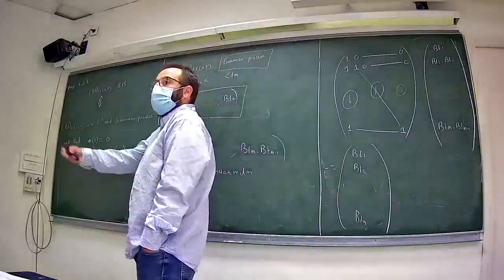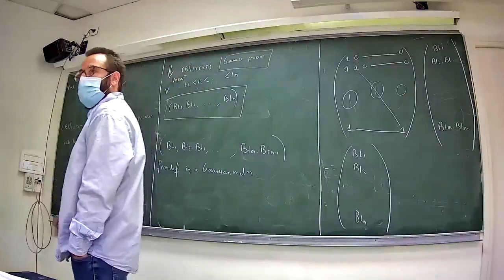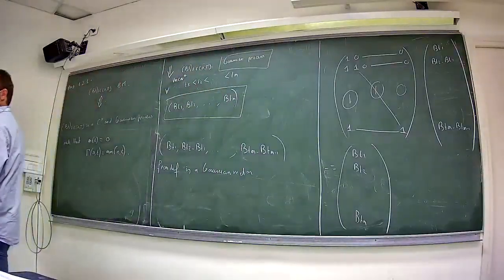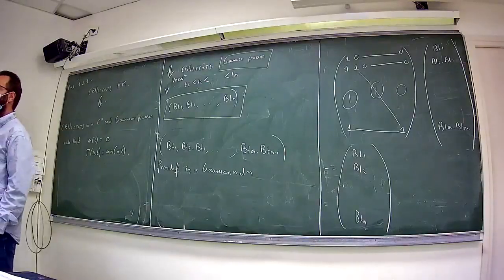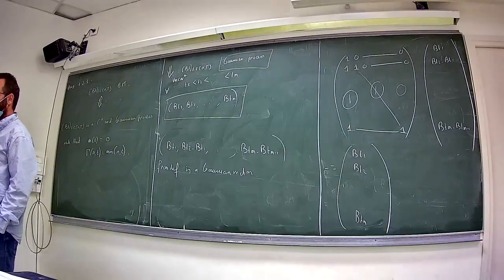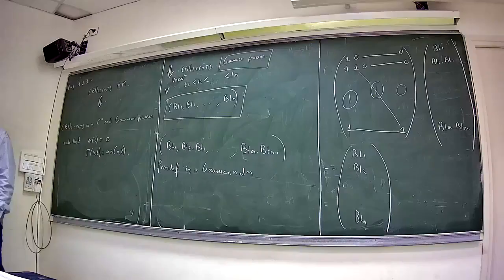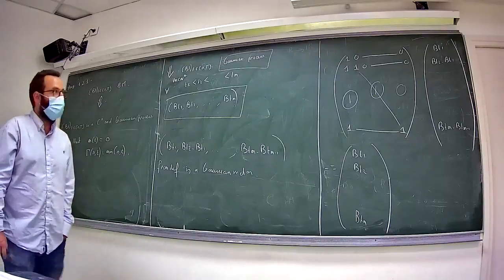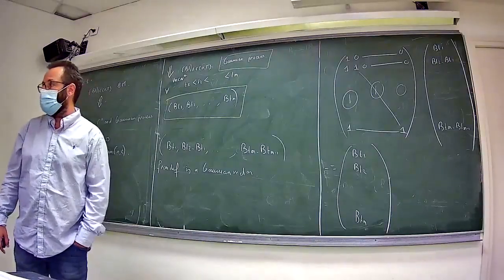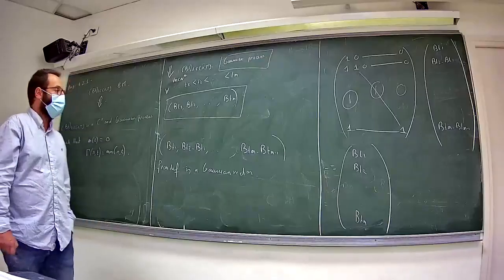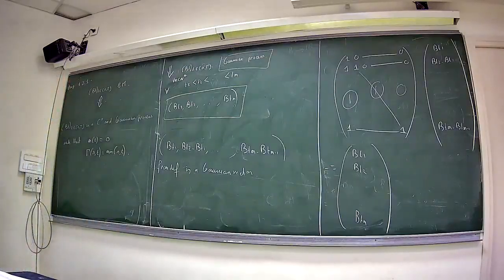So if you take a linear transform of a Gaussian vector, for sure it will be a Gaussian vector, because the definition is based on linear combinations of components. Okay? So by this argument, I have proved that the Brownian motion is a Gaussian process from the definition.